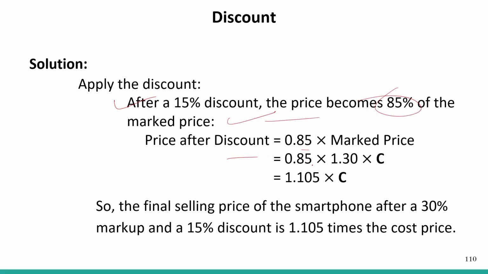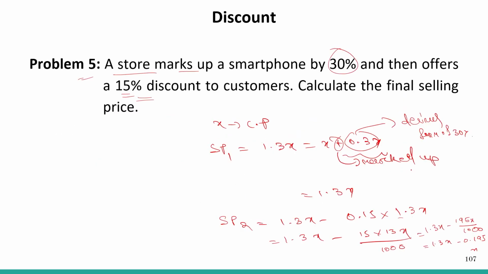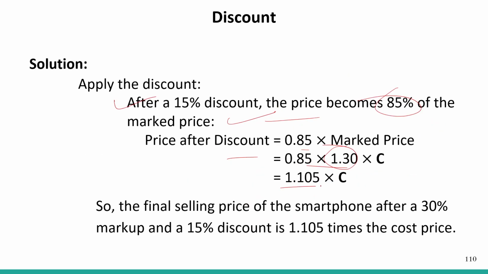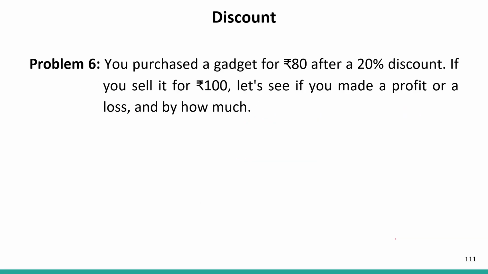So it will be 0.85 into 1.30, which is 1.105C. So after selling the smartphone after a 30% markup and 15% discount, the price is 1.105 times the cost price.